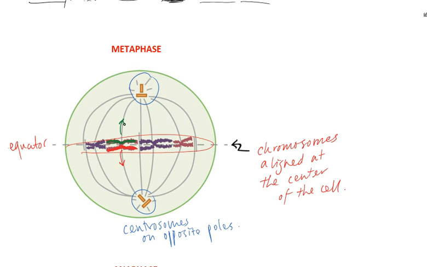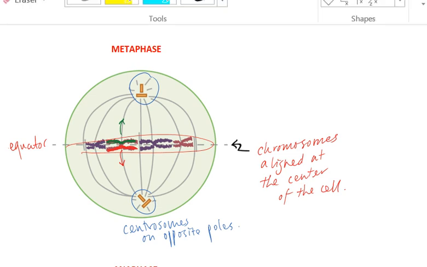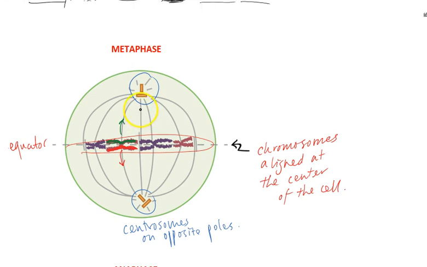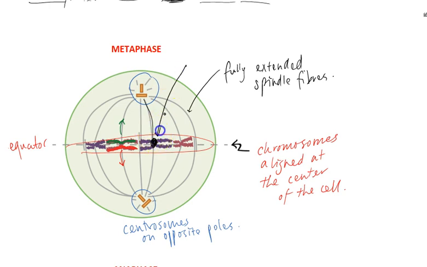And we can see here the spindle fibres. You see here that the spindle fibres are fully extended. And I might want to add here that some of the spindle fibres are attached to the centromeres of the chromosomes.